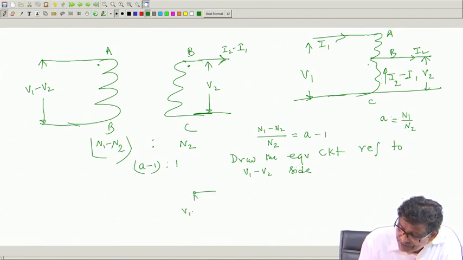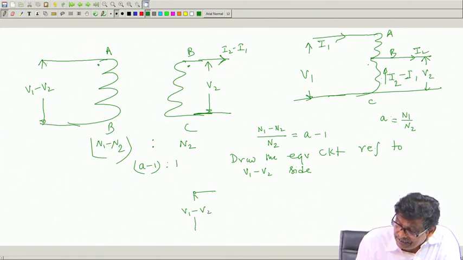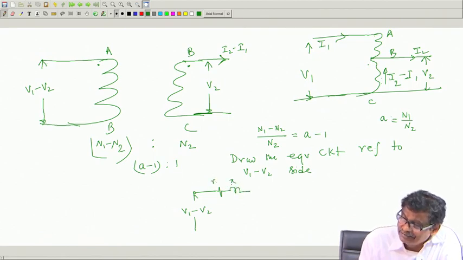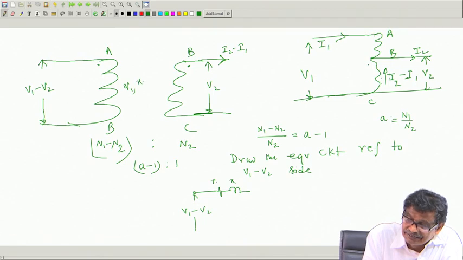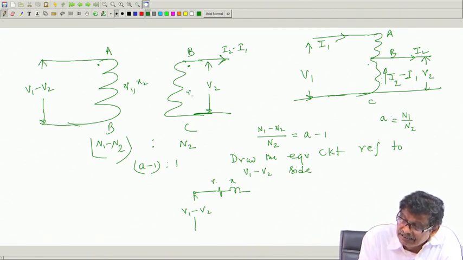V1 minus V2 is the applied voltage, is not. Then there is R1, there is X1 will be there, this winding R1 X1. This winding BC I have assumed R2 X2.